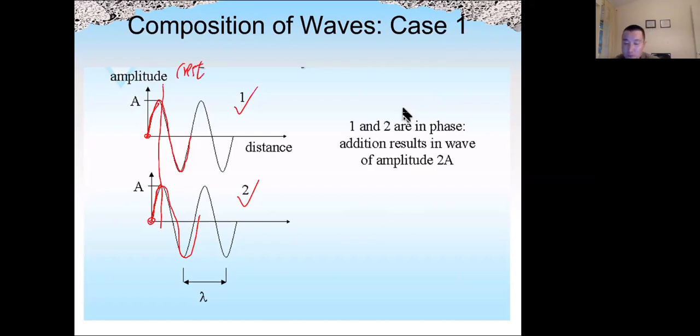So we call wave 1 and wave 2 in phase. The amplitudes can be added together, so the net amplitude will be 2A, which is the amplitude of wave 1 plus the amplitude of wave 2. Again, we call that in phase.